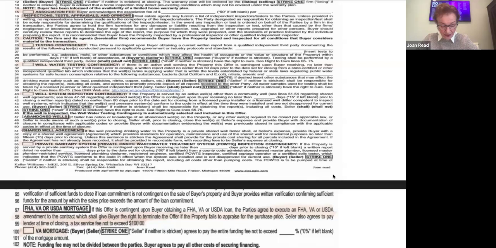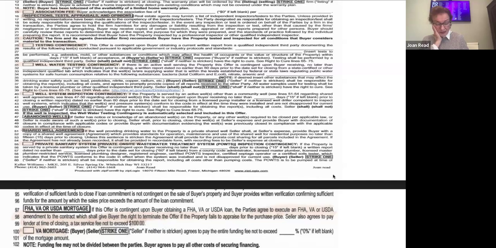As I said, if the well is inspected, the well water testing contingency is automatically selected and included in this offer. So if you're testing the well system, you're automatically testing the water. When they're talking about right to cure, the water testing, you almost always give that right to cure to the seller because it's very easy. Sometimes it's just putting a dose of chlorine in the well and then retesting it to see if it got rid of the bacteria.